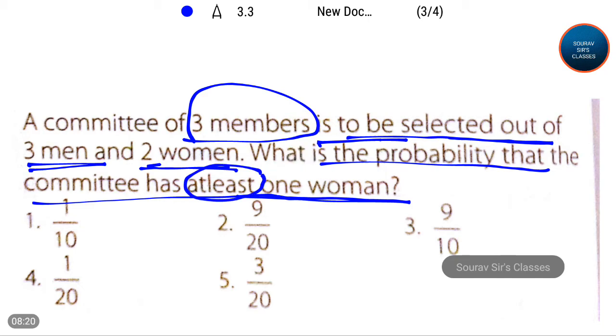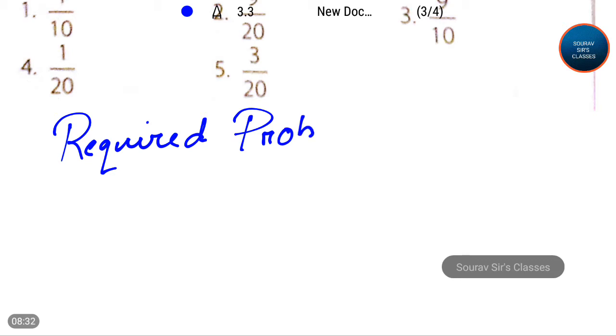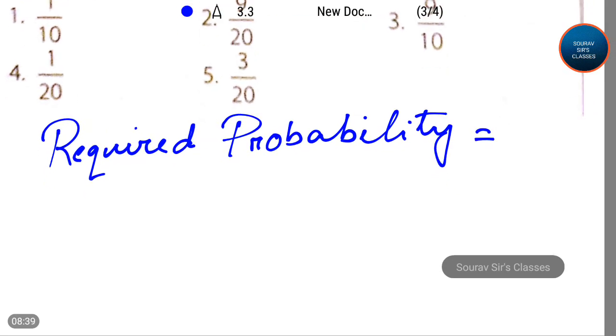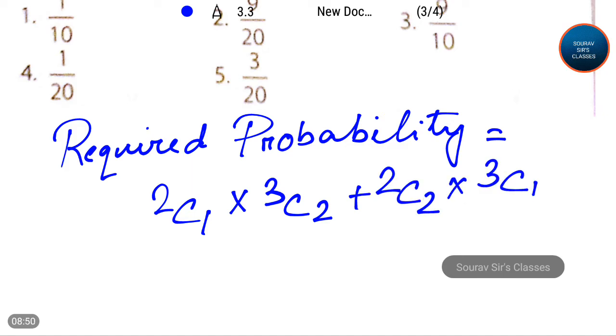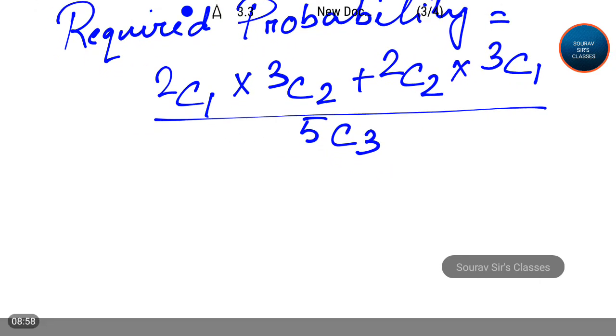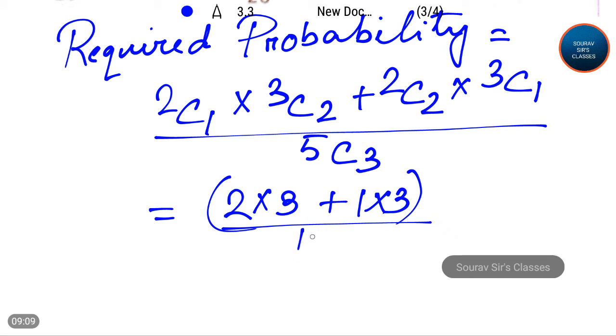Now let's start. The required probability is equals to 2C1 into 3C2 plus 2C2 into 3C1 divided by 5C3, that is equals to 2 into 3 plus 1 into 3 divided by 10, that is equals to 9 by 10.